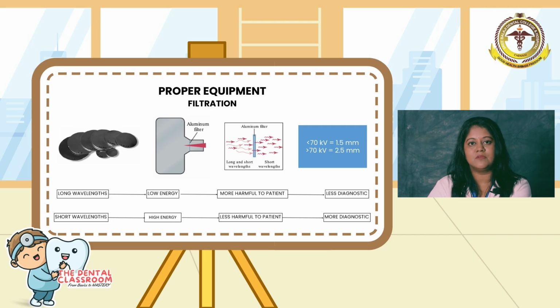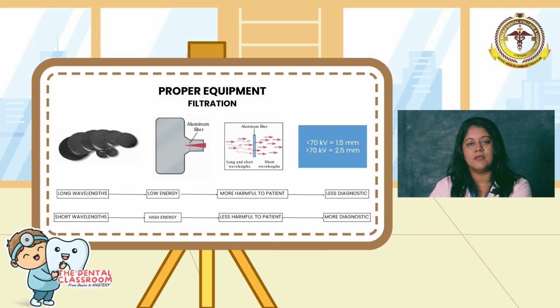Your X-ray beam consists of different wavelengths of radiation waves, where the long wavelengths have low energy and are more harmful to the patient and contribute to less diagnostic information, whereas the short wavelength X-rays have higher energy and more diagnostic information and are comparatively less harmful to the patient.